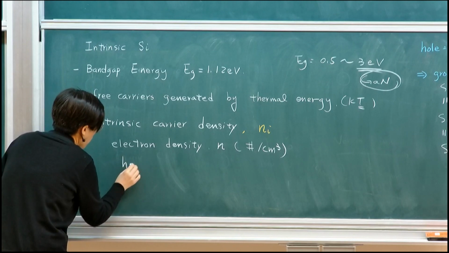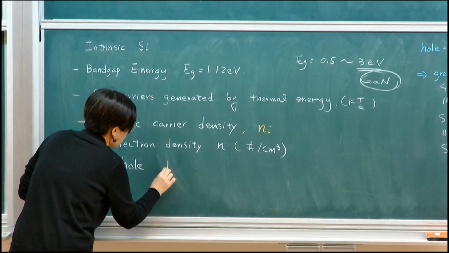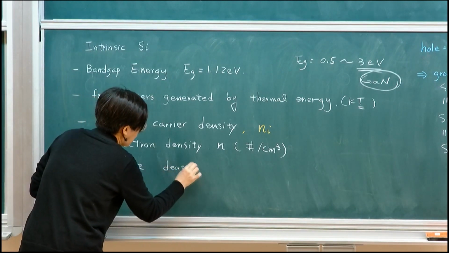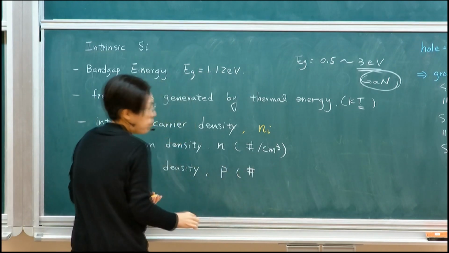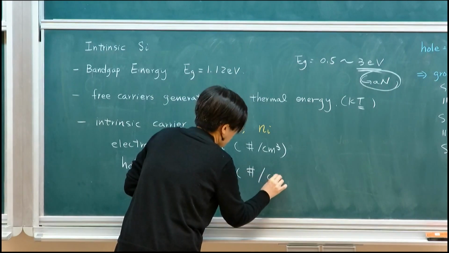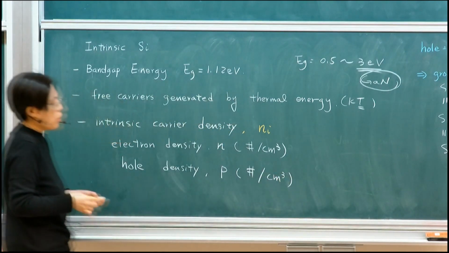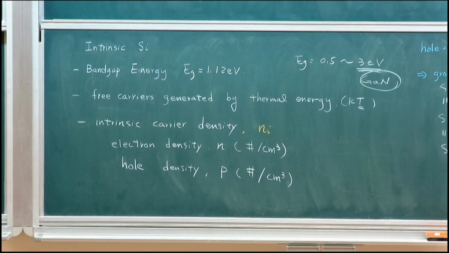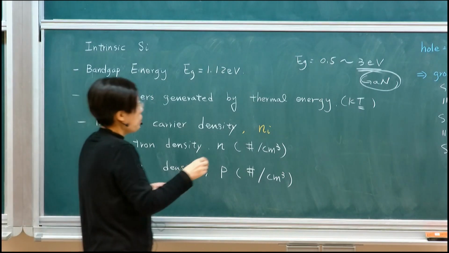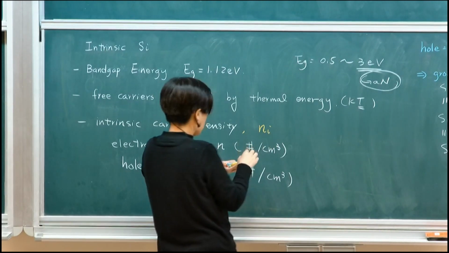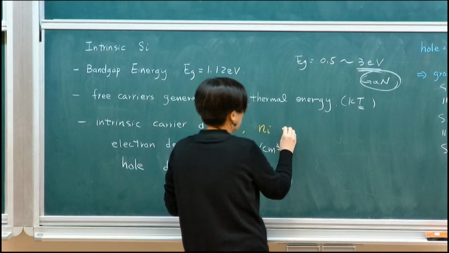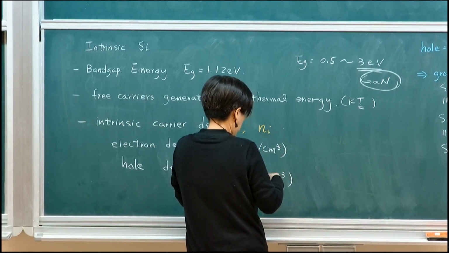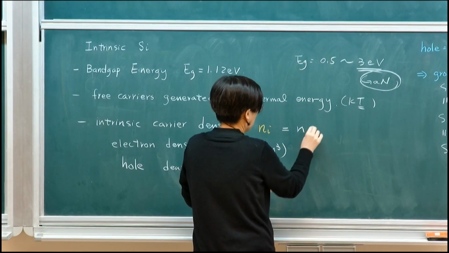And then for hole density, we're going to use P, which is also the number of carriers per cubic centimeter. So for an intrinsic semiconductor, the intrinsic carrier density Ni equals N equals P.